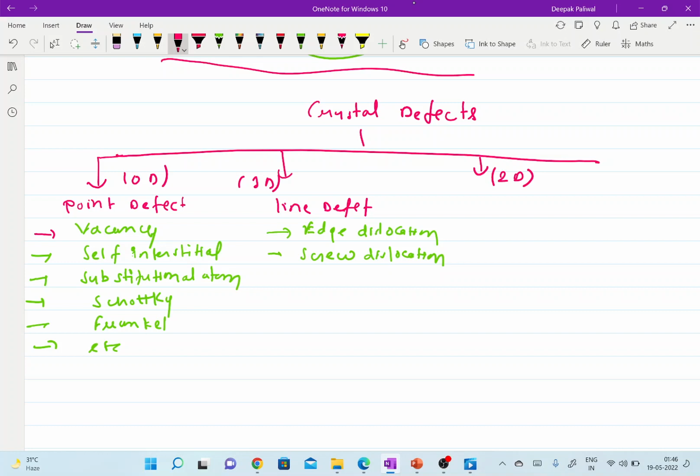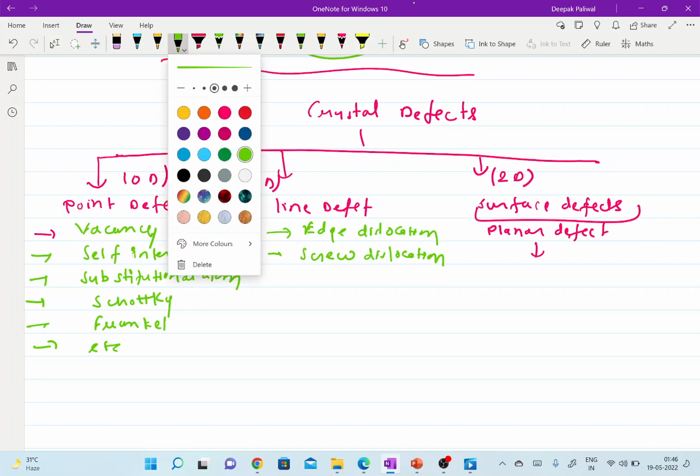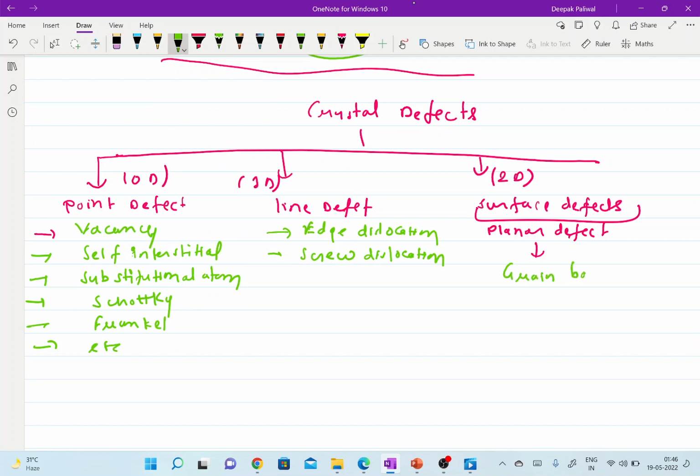In 2D defect we have surface defects, or planar defects, in which we have grain boundary, stacking faults, twin boundaries, tilt boundaries, etc.